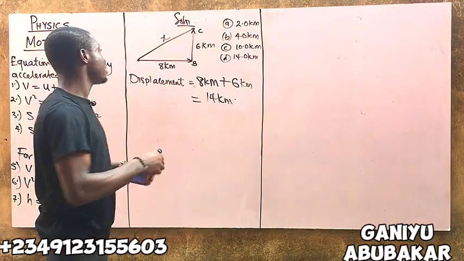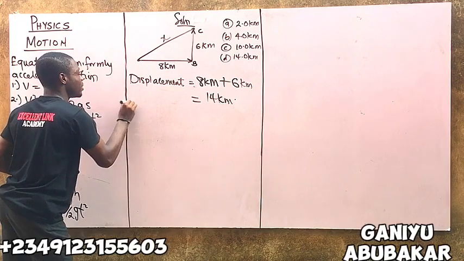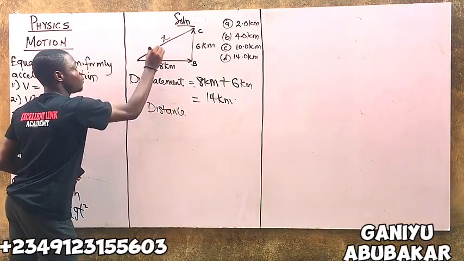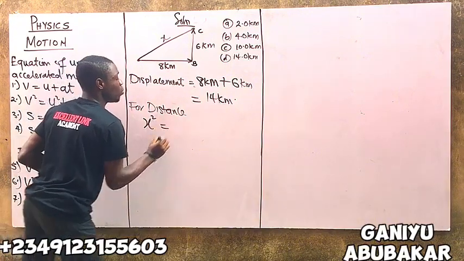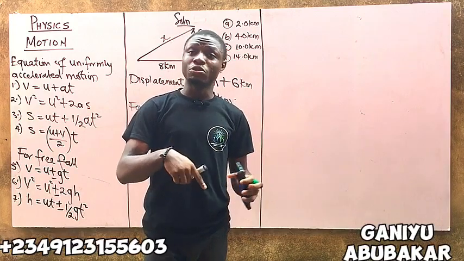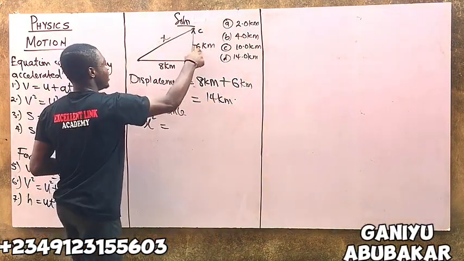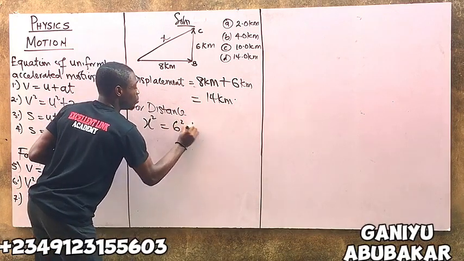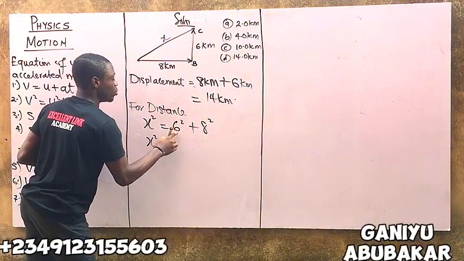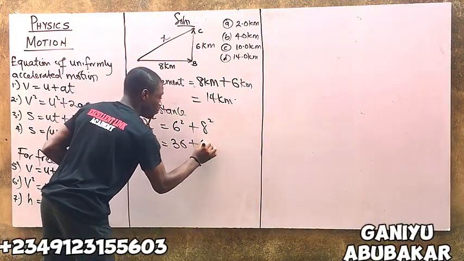To get x now, apply the concept of Pythagoras theorem. So it means that for distance, x squared is equal to opposite squared plus adjacent squared. So I'll have 6 squared plus 8 squared. x squared is equal to 6 squared is 36 plus 8 squared is 64, right?